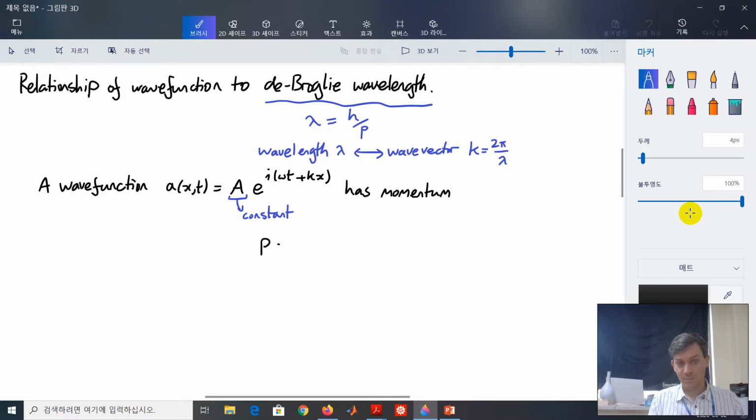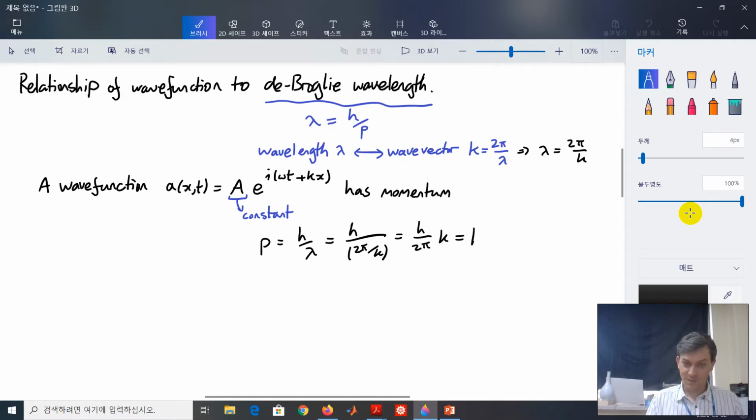So p is equal to h over lambda, okay, but here this k is the wave vector, so lambda from this formula is equal to 2 pi over k, so this is equal to h over 2 pi over k, which is equal to h over 2 pi times k, and hopefully you remember h over 2 pi was the definition of this reduced Planck constant, h bar. Okay.